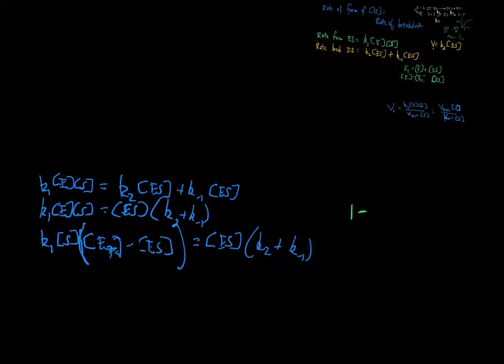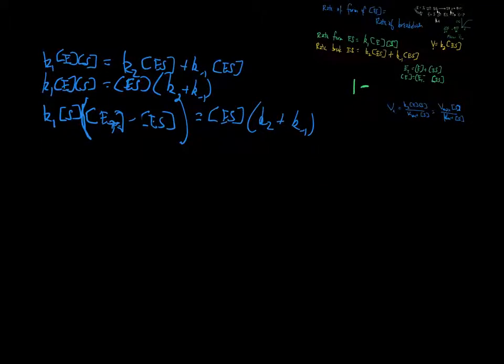Let's go over here. I'm just moving this all up. So once again, boy, that is really bad. This K1 times S, parentheses, ET, total enzyme concentration, minus ES, in parentheses, is equal to ES, and then the little K's that are added together.